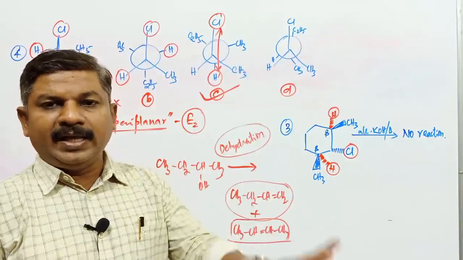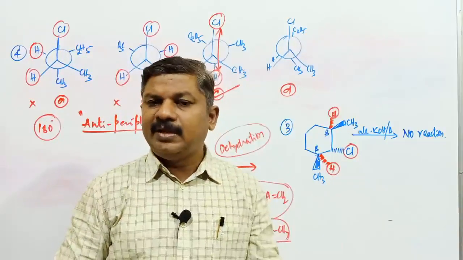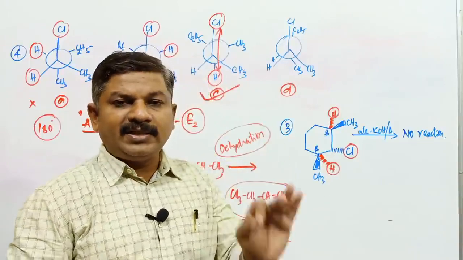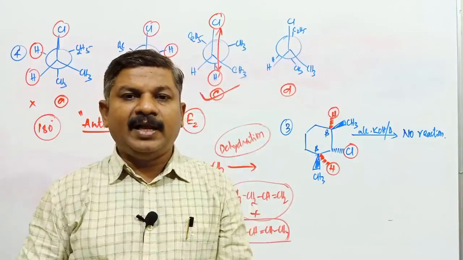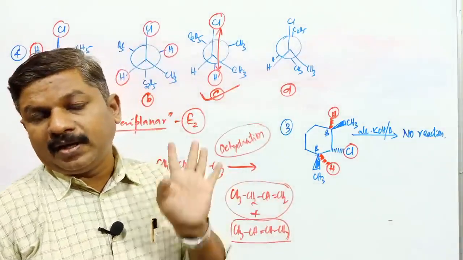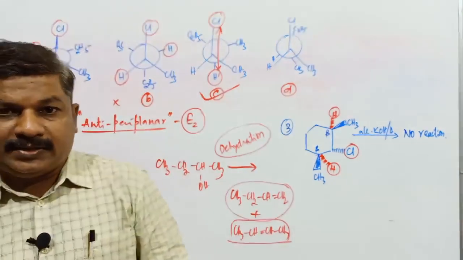Usually remember, the Saytzeff product is more stable compared to the Hofmann product. The reason I have also given: the Saytzeff product is the more substituted alkene and it contains a greater number of alpha hydrogen atoms compared to the Hofmann product. This is about the complete elimination reactions, right?